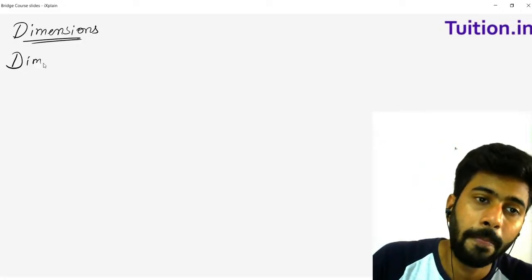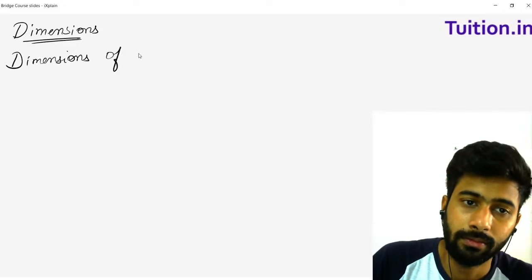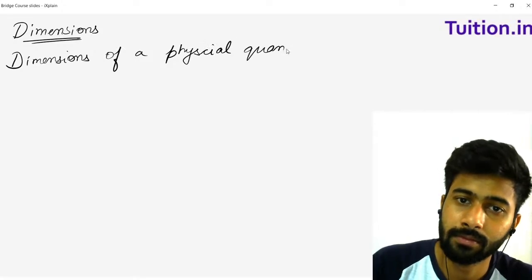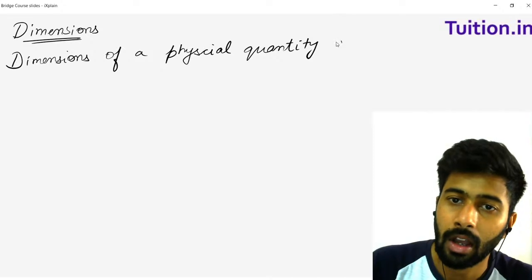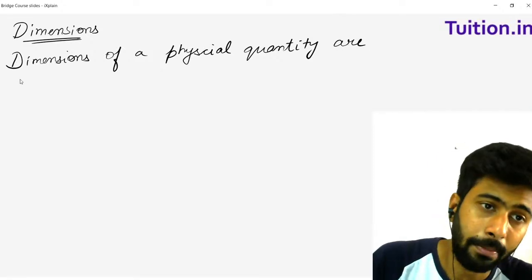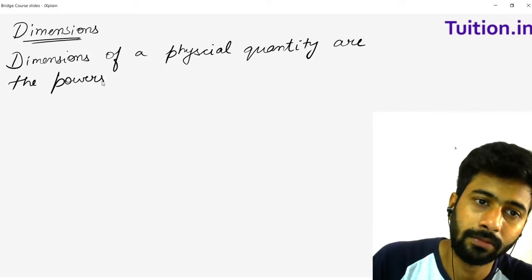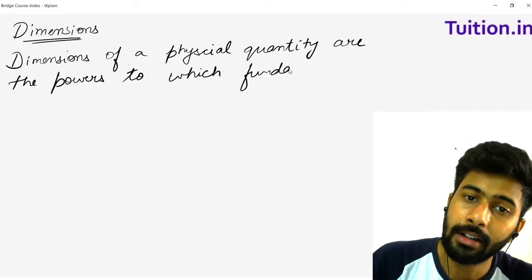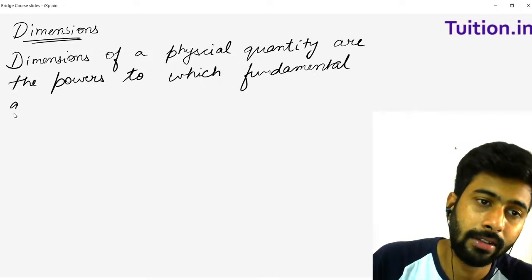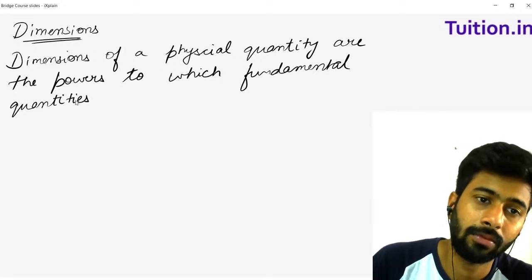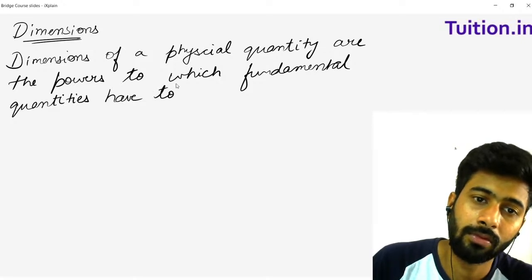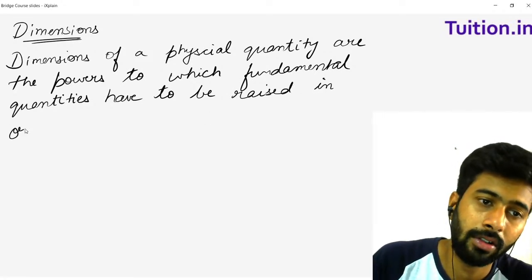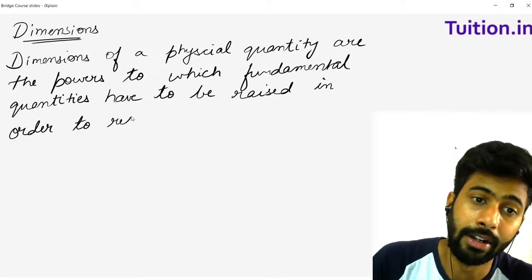So dimensions of a physical quantity are the powers to which fundamental quantities have to be raised in order to represent this quantity.